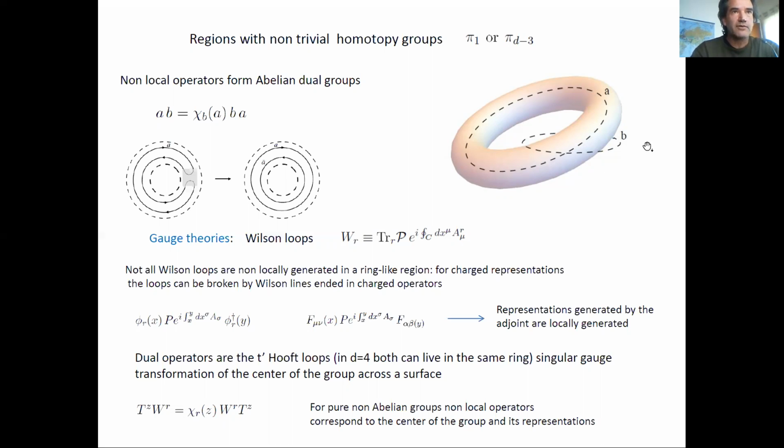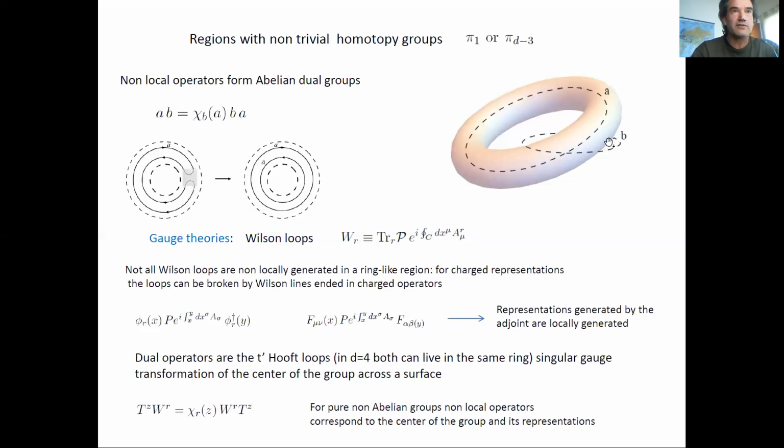The dual operators living in the complementary region are called the 't Hooft loops, corresponding to the center of the gauge group. You can build them up as particular singular gauge transformations on a surface bounded by this B line here.